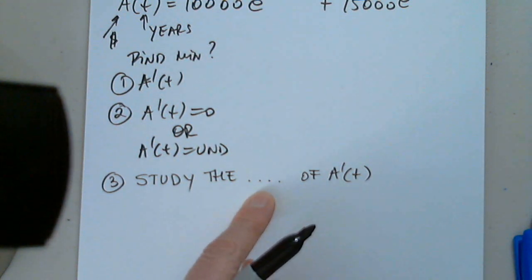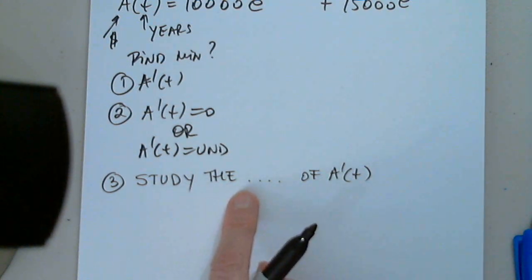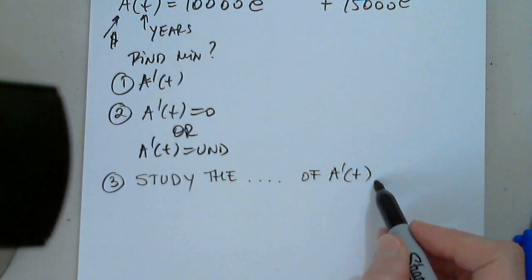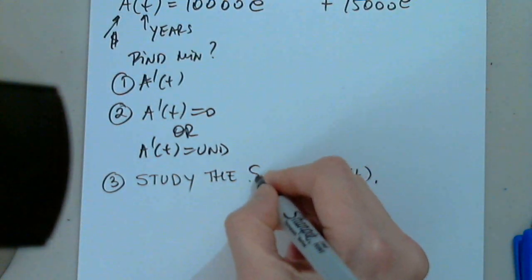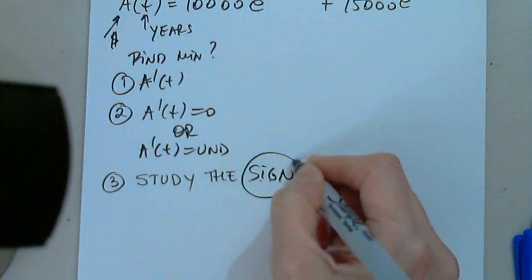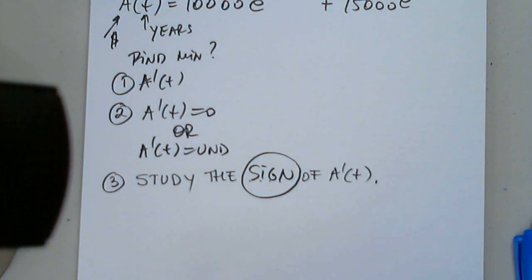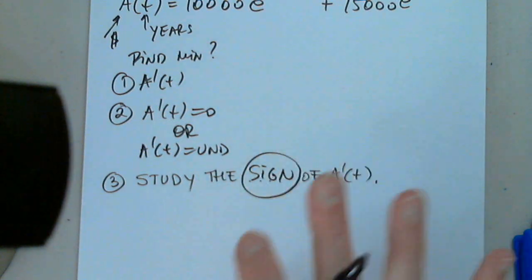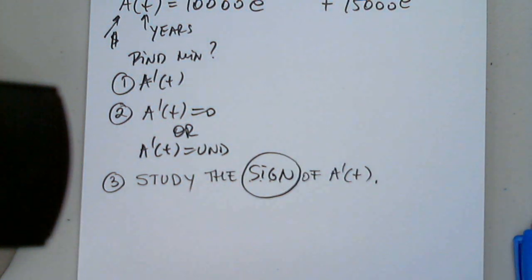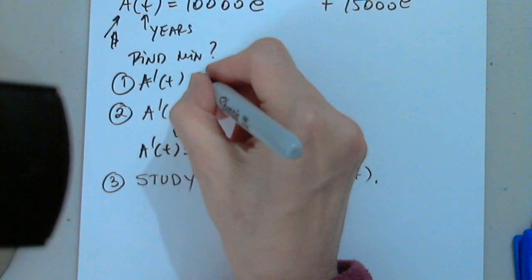We always did that in a table. Find the sign. That's it. We have to study the sign of A prime. If it does not change sign at these points that we find, then there is no max min. Awesome.